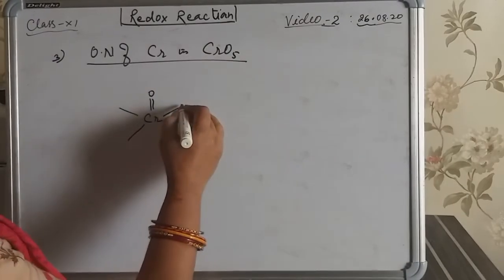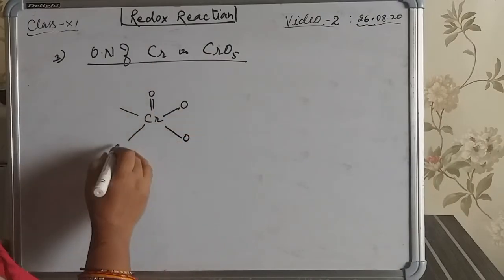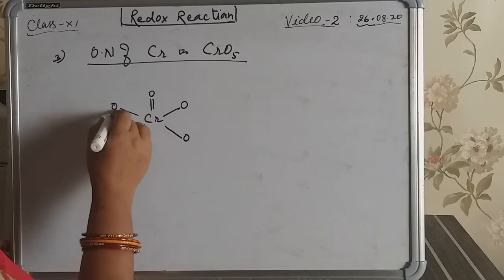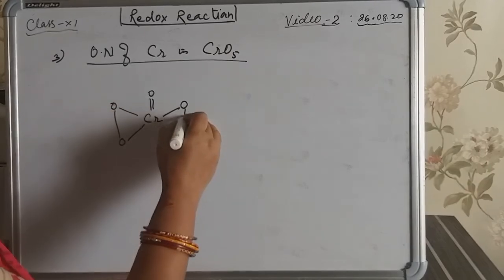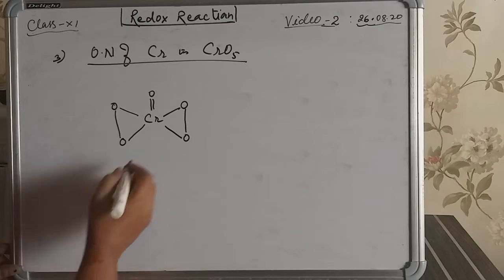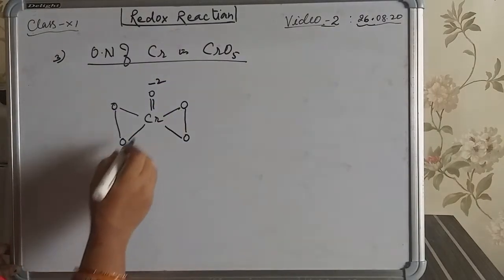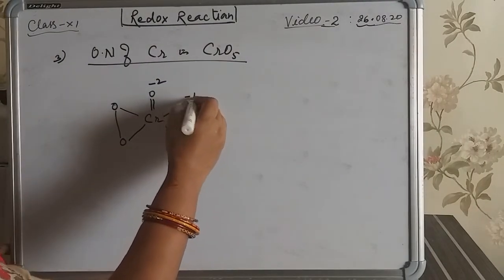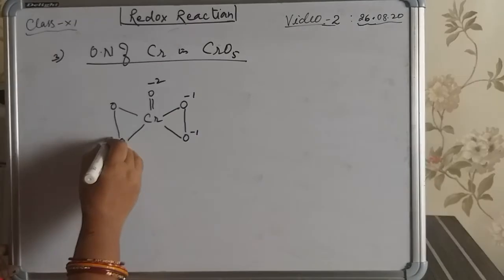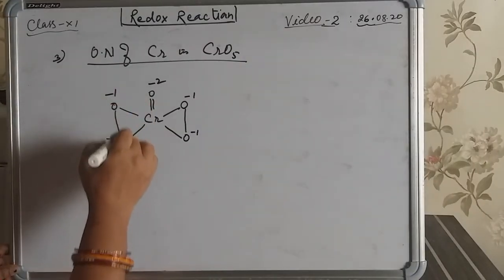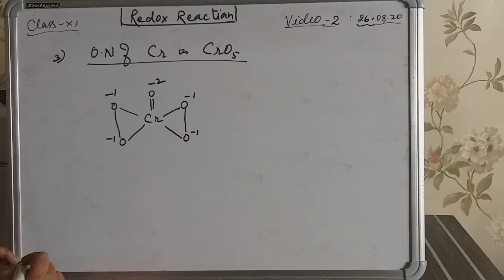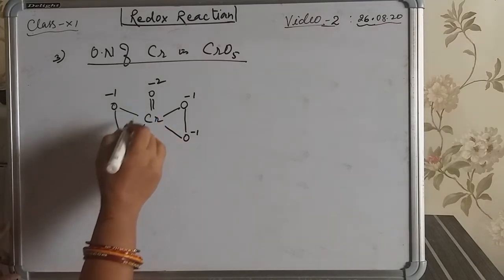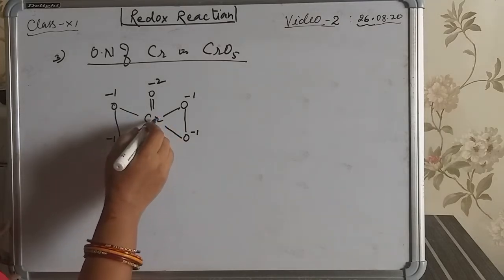So at first find out the type of oxygen. Here the oxygen is in the form of peroxide. So -2 is assigned for this oxygen, and -1, -1, -1 and -1, because oxygen is in a peroxide linkage. So count the total oxidation state on the chromium.